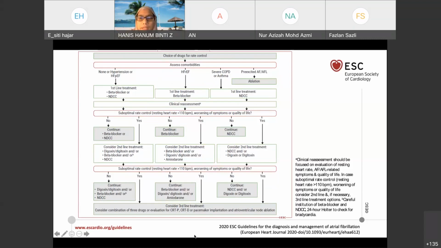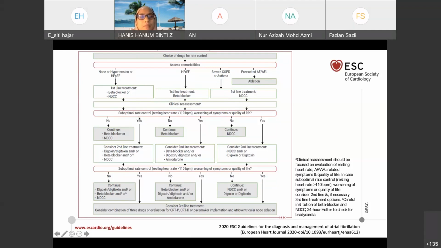This is a diagram for patients who are already stable. There's another diagram for patients who are not stable. Then you need to see whether the patient has COPD or asthma or not. If they do, of course you don't want to give beta blockers yet. You want to give other options like your non-dihydropyridine CCB. Then you assess the patient.